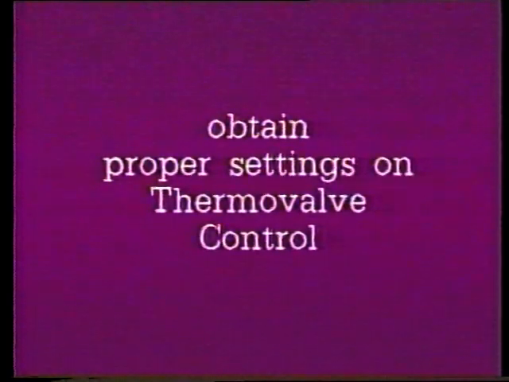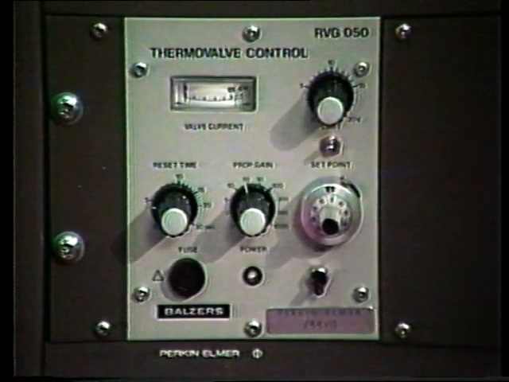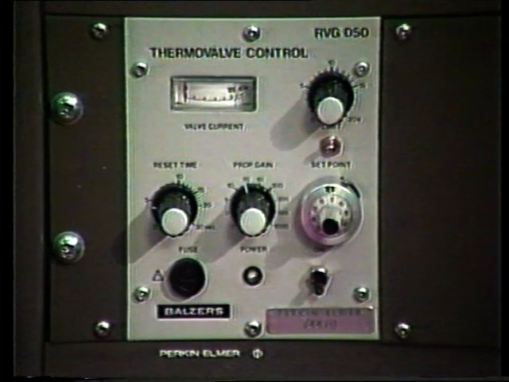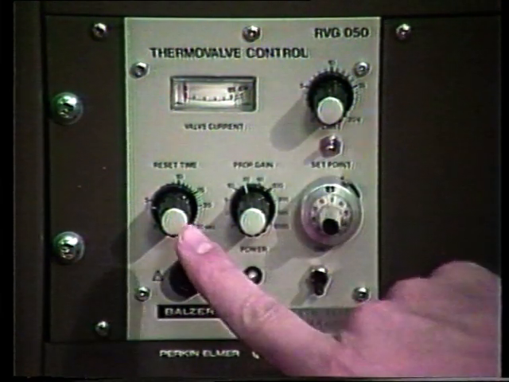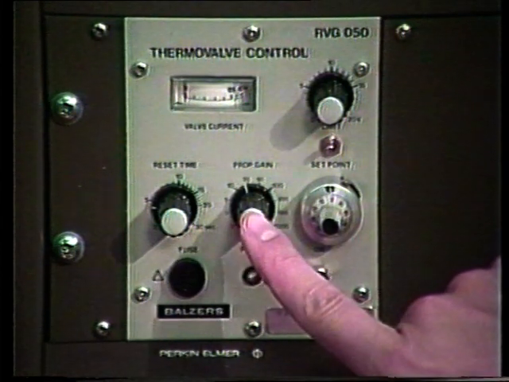With the leak valve set, we are now ready to obtain the proper settings on the Balzer's thermal valve control. That is located in the third bay under the ion gun control. Two of the switches which we do not use on the thermal valve control are the reset time and the prop gain.